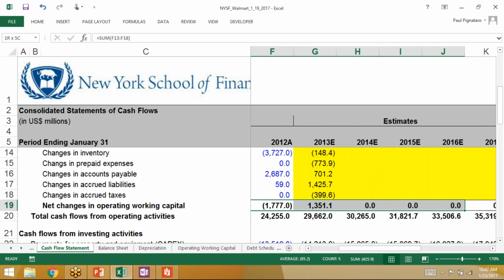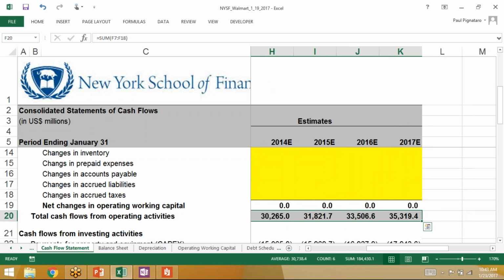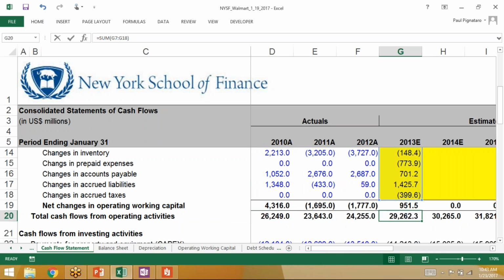So I got to recalculate here. And same thing historically. Okay, just to make sure that everything's included in the total.